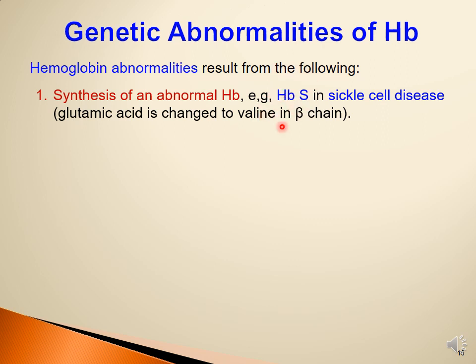And the problem with hemoglobin S is that if we have a condition with low oxygen in the blood, the hemoglobin will undergo a conformational change, and this will lead to the sickling of the red blood cells. They will become crescent-shaped and not flexible, so they will aggregate in small blood vessels.